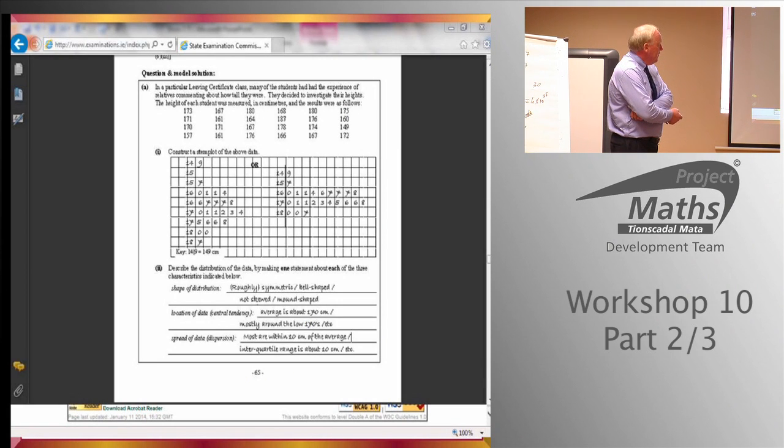One of the things there was when they spoke about the shape of the distribution, it was roughly symmetrical, bell-shaped, not skewed, mound-shaped. Location of data: average around 170 centimetres, mostly around the low 170s. On the spread or dispersion, most are within 10 centimetres of the average, and the interquartile range is about 10 centimetres.